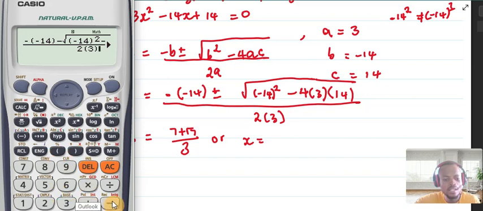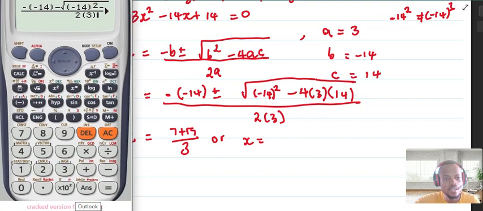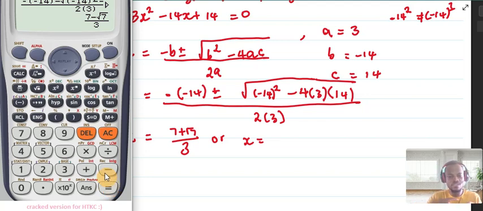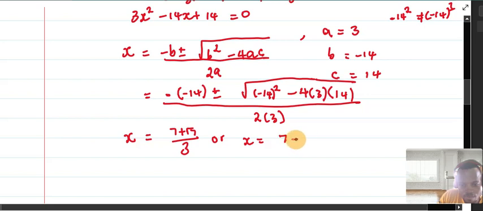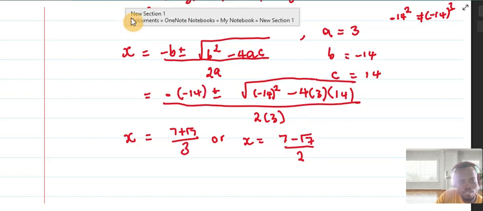Okay, this one is equal to 7 minus root 7, all over 3. Sorry, this one is all over 3.